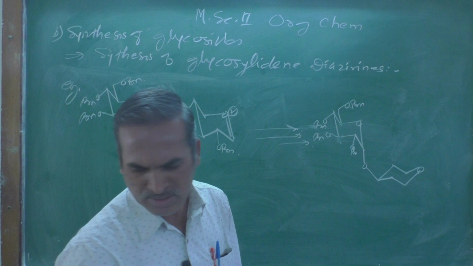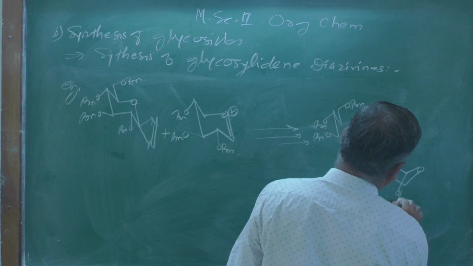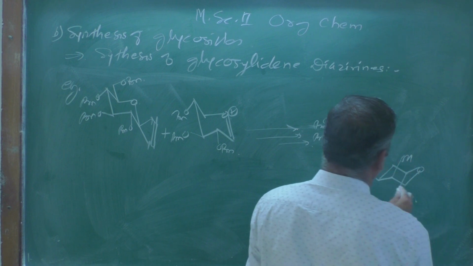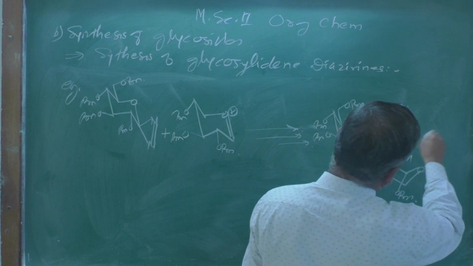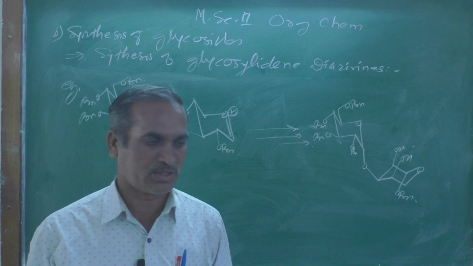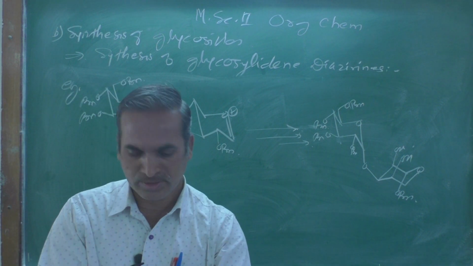And this OBn we can write as it is, and here a hydroxy group, and here also an axial position hydroxyl group, and this is one of the derivatives which is biologically important.